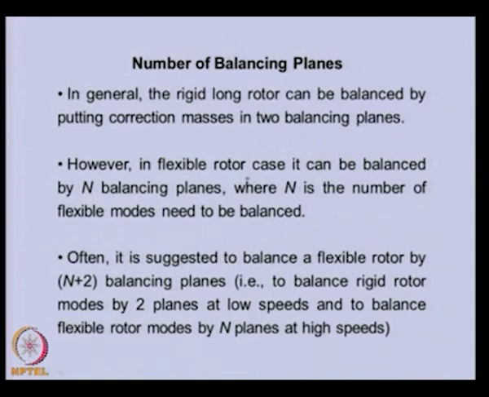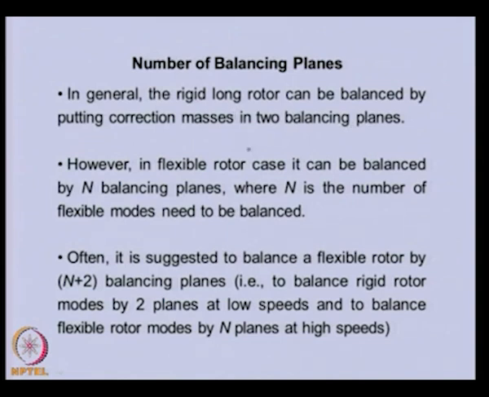And often it is suggested that when balancing the flexible rotor, we should balance not only the flexible modes but also the rigid mode. So, for the flexible modes, if we are balancing up to the nth mode, we require n planes, but what about the rigid body mode, that is, the rigid rotor case?